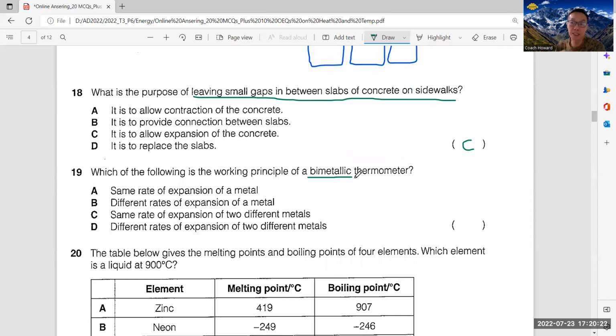So when you see bimetallic, the first impression is something to do with uneven expansion and contraction of two metals. So definitely you will get the answer: different rates of expansion of the two metals. Take note, because of bi, it cannot be one metal, it must be two different metals. So the answer is D.